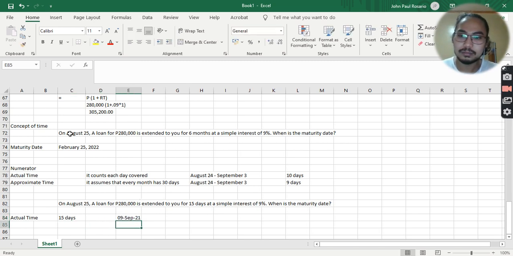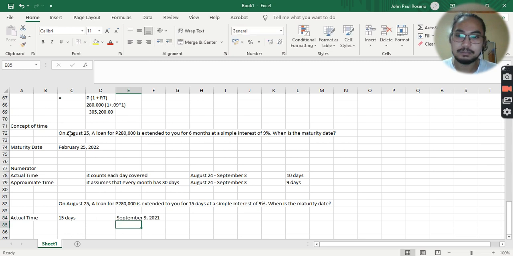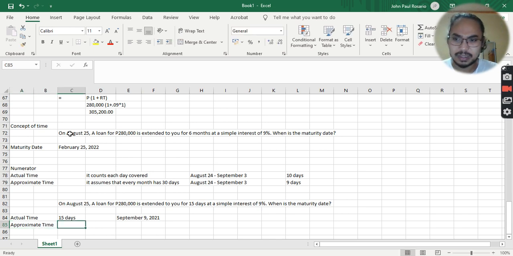For your approximate time, the same number of days, but it assumes that every month ends with 30 only. So 25, 26, 27, 28, 29, 30.